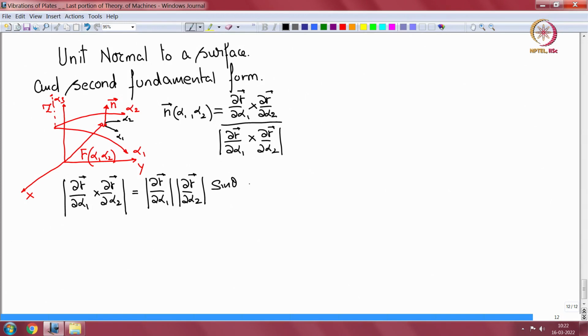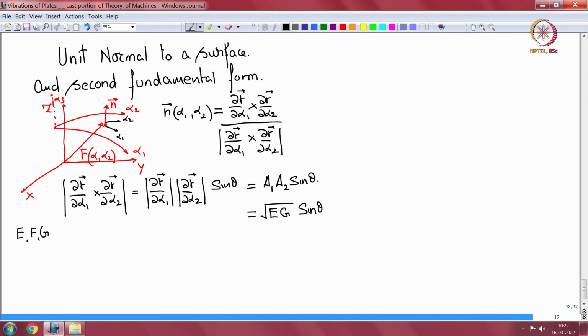Which is equal to A1 A2 sin theta. Okay, theta is 90 degrees. So in terms of our original fundamental form E, F and G, this is square root of E G sin theta. Let's keep it.